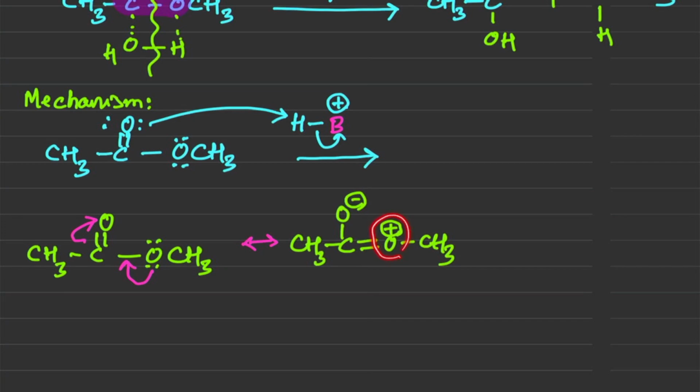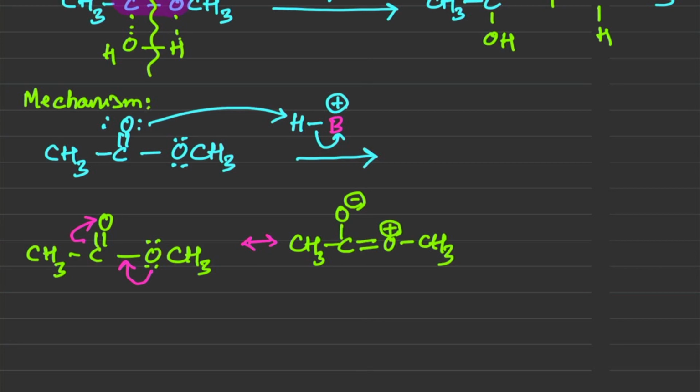So you notice the electron density is slightly higher here in comparison to here. The electron density is slightly higher here, so you have a negative charge. The negative charge becomes more basic, obviously.